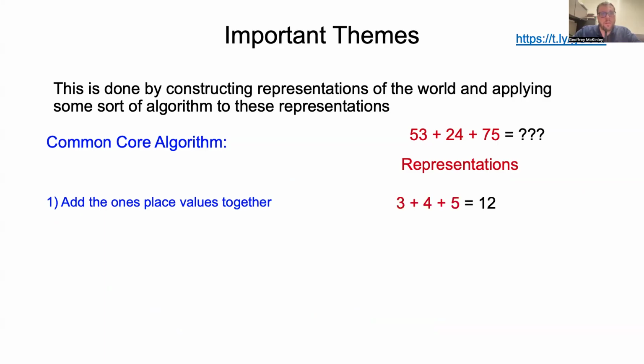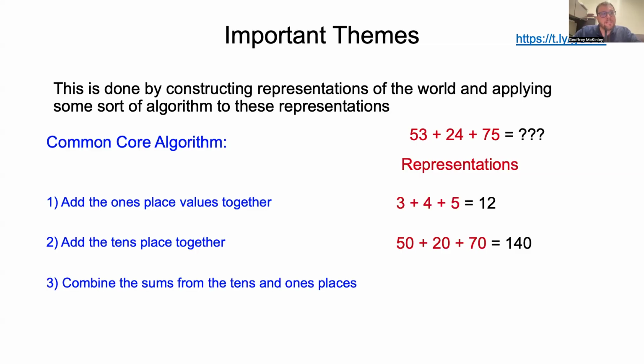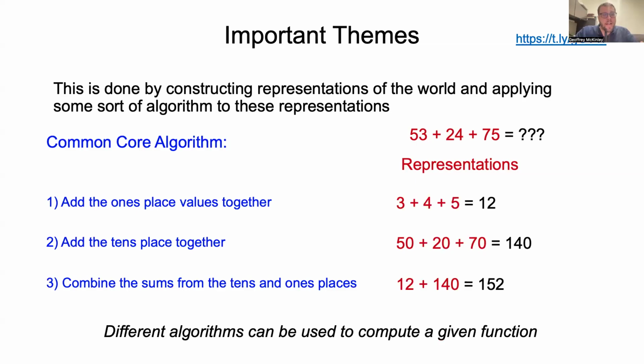So then that means 3 plus 4 plus 5 equals 12, and then add the tens places together. Okay, so then that's 50 plus 20 plus 70 is 140. And then you combine the sums from the tens and ones places. So 12 plus 140 is 152. And this is all to show that different algorithms can be used to compute a given function, the same function, right?